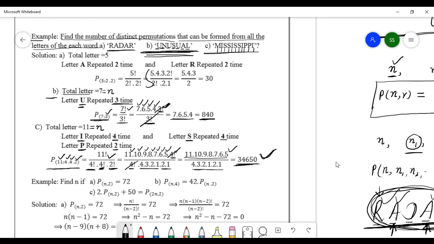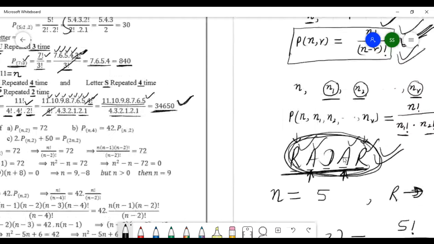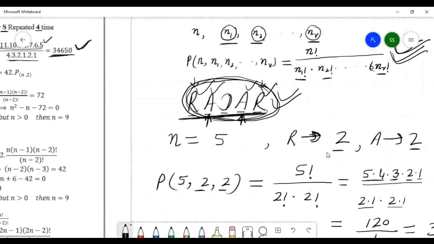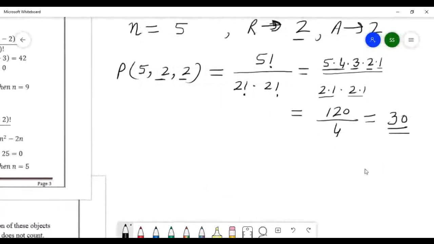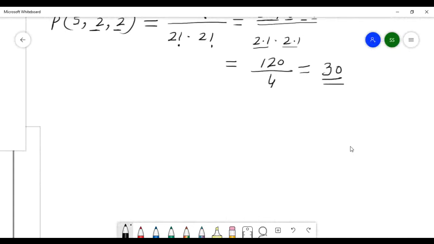Okay. So any question? So one question for you. One question for you. Next lecture, find the permutation. This is for you. Find the permutation.